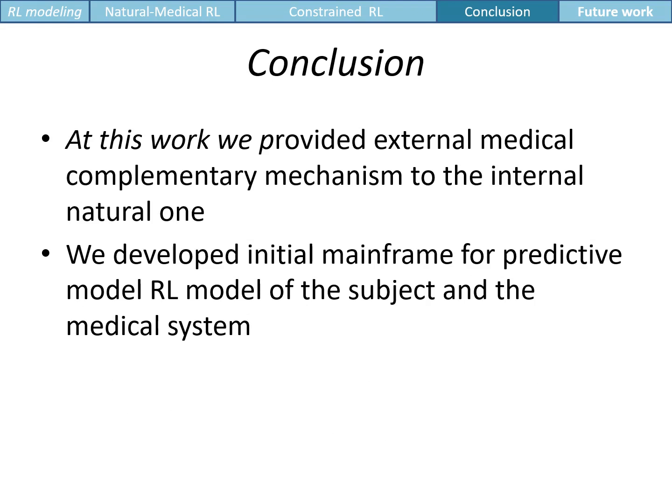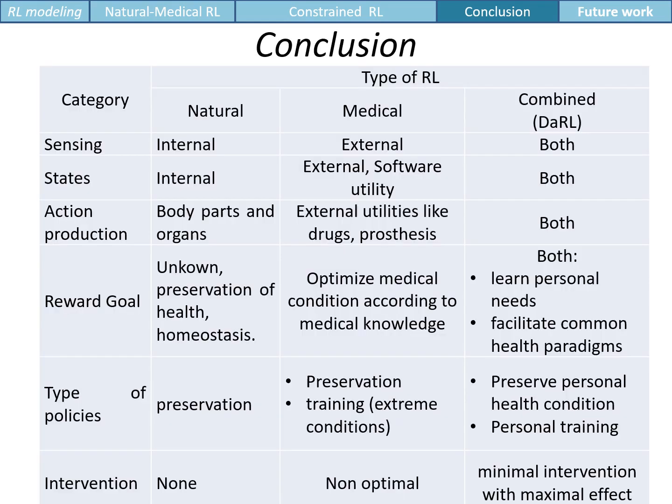So let's conclude. In this work, we provided an external medical complementary mechanism to the internal natural one. We developed an initial framework for a predictive, reinforcement learning model of the subject and the medical system. Let's look at this table that summarizes the results. First, sensing-wise, we have more sensors, both internal and medical, which means that we can respond to the environment or to the disease better.